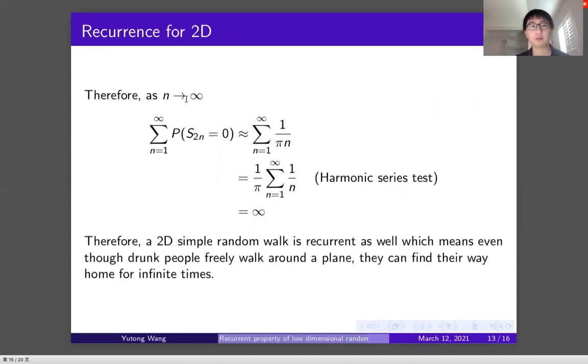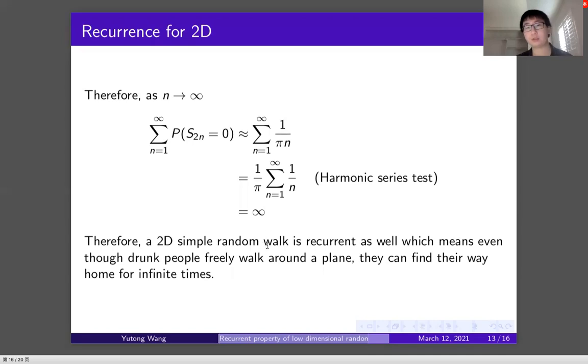So as n goes to infinity, the sum is like this: we take out the pi over 1 and see this is a harmonic series, which we can use to show it is also divergent. This means the sum of the probability will go to infinity as well.